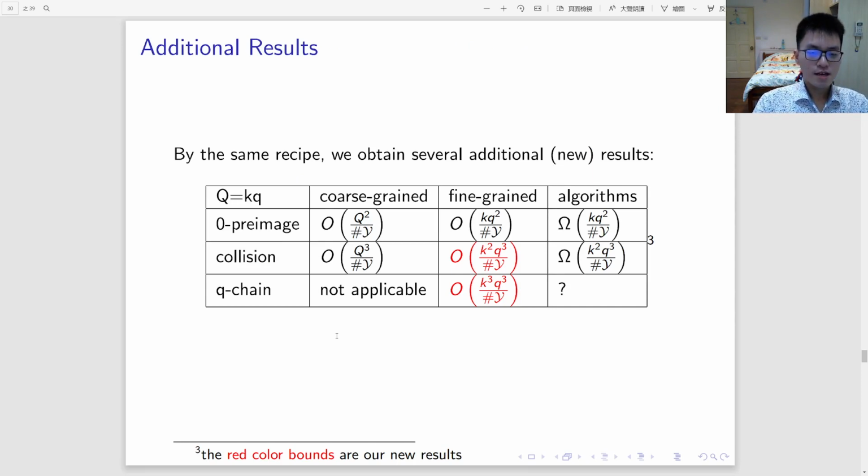By using essentially the same recipe, we obtain several additional results, such as the hardness for the collision finding problem and the bound for the Q-chain problem.